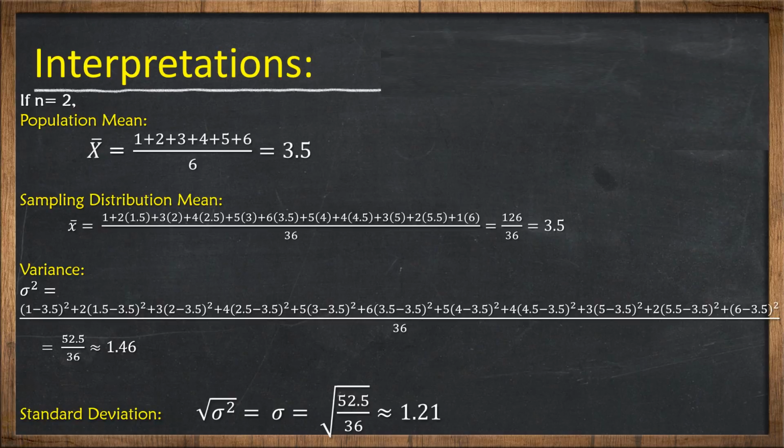So, as what we have here, if n is equal to 2, the population mean is 3.5. The sampling distribution mean, same, is 3.5. And our variance is 1.46. And to get the standard deviation, that is 52.5 over 36, that is 1.21.